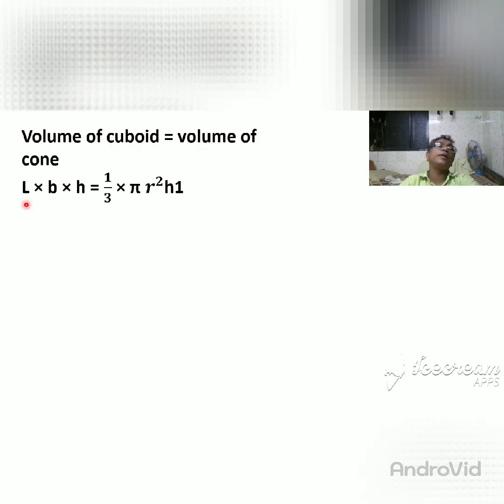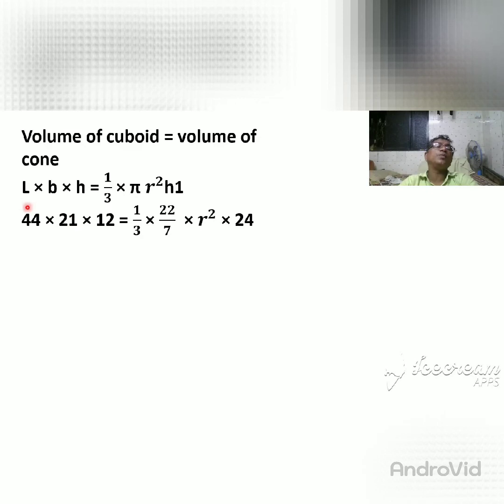So volume of cuboid is L into B into H, length into breadth into height. Volume of cuboid is equal to volume of cone, 1 upon 3 pi r square h1. H1, why? Because here is also a height, so this is the cone height, so that can be mentioned by h1. Any doubts here?